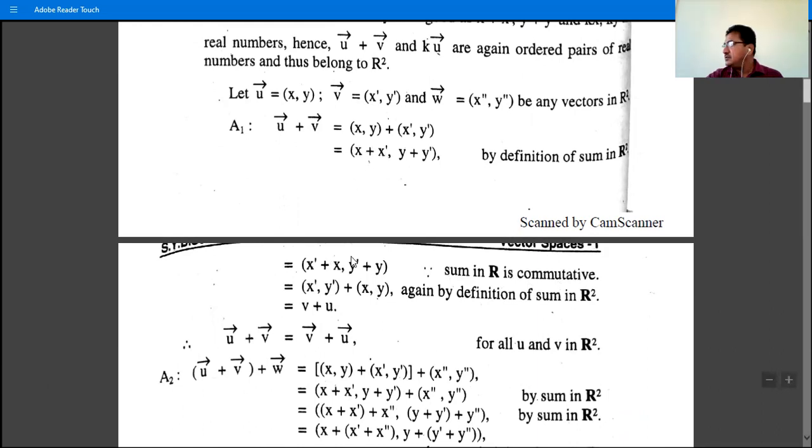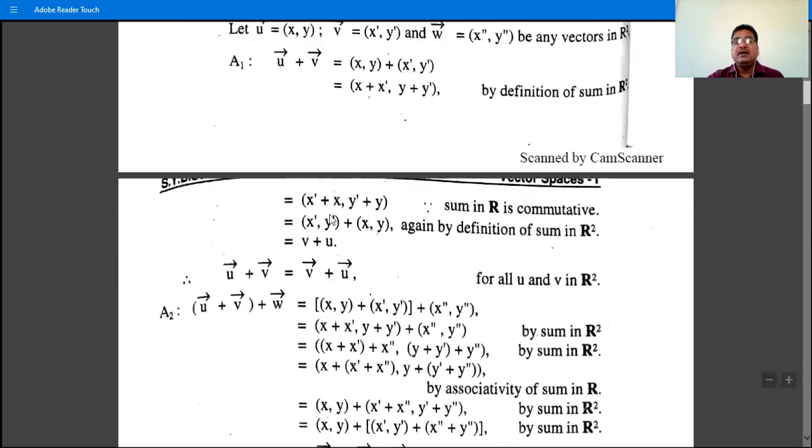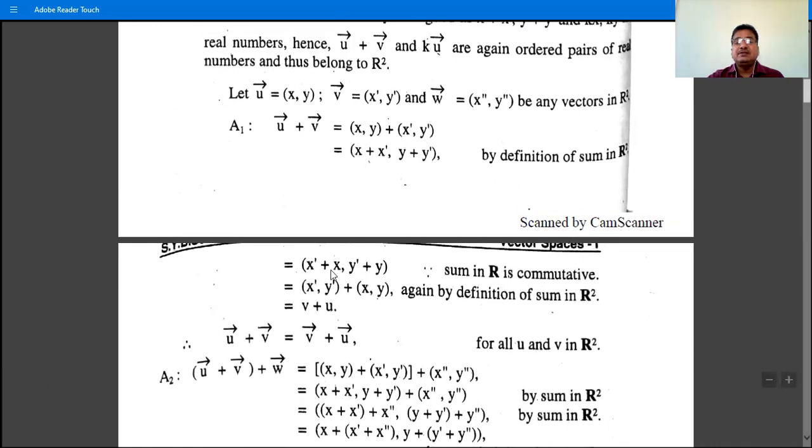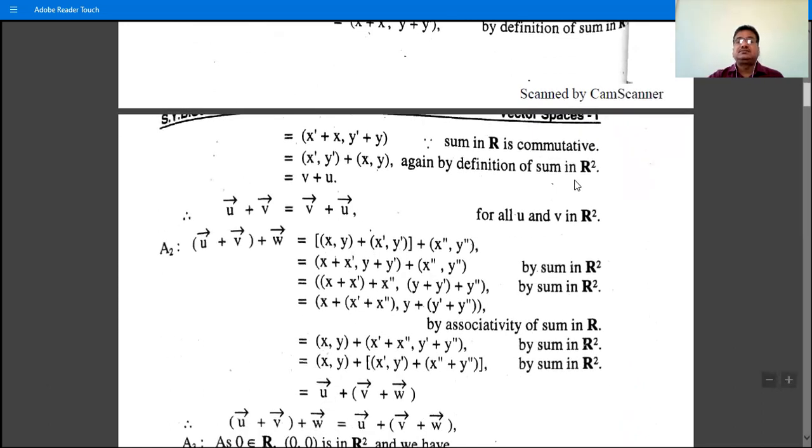Addition of real numbers is commutative. 2 plus 3 and 3 plus 2 both are the same. Then write y plus y dash as y dash plus y. And then we again use the definition we have. It is the addition of (x dash, y dash) plus (x, y). Addition of these two is this. And then it is v̄ plus ū. So we have ū plus v̄ is equal to v̄ plus ū for all u and v in R square.